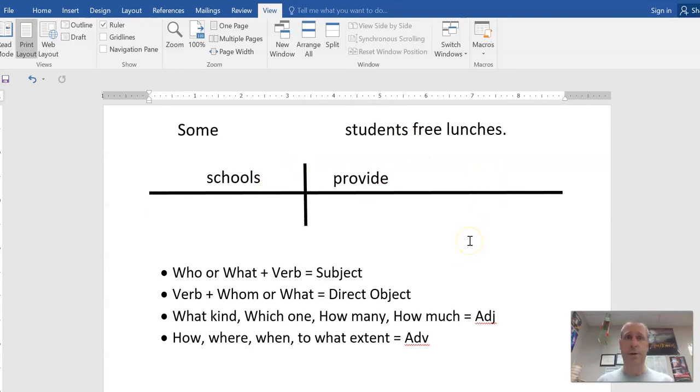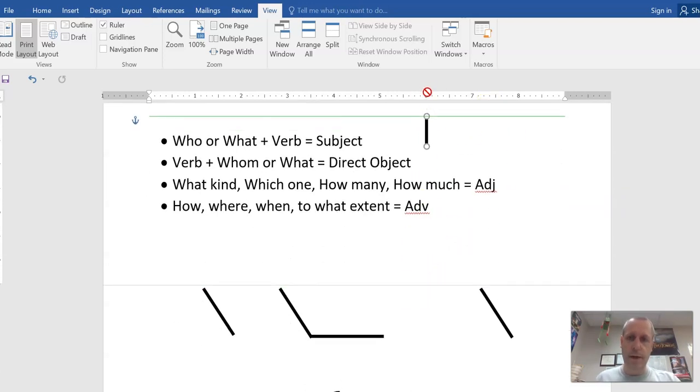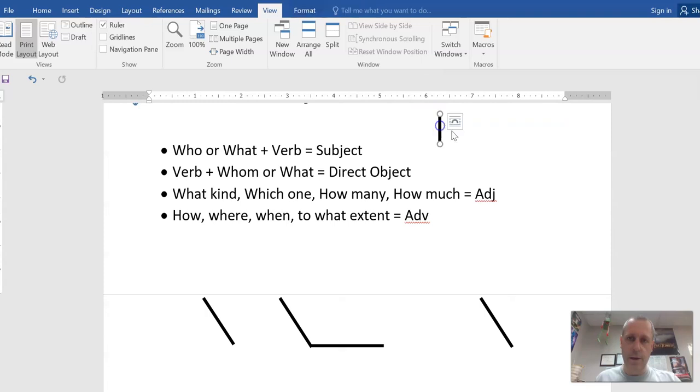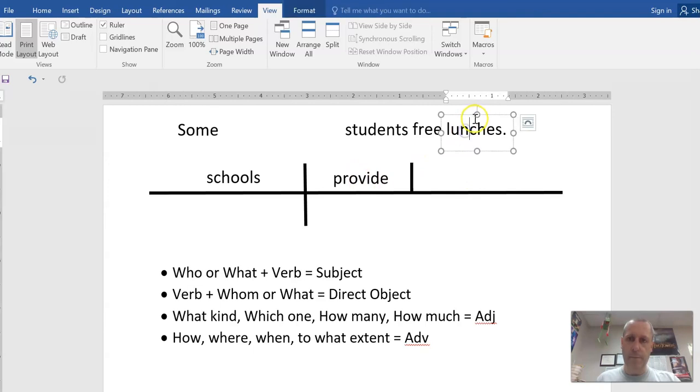The students go to the schools, but the schools aren't the ones providing those students. If anything, the parents are providing those students. So schools provide lunches, however. And so I'm going to add separation between my verb and my direct object, lunches.